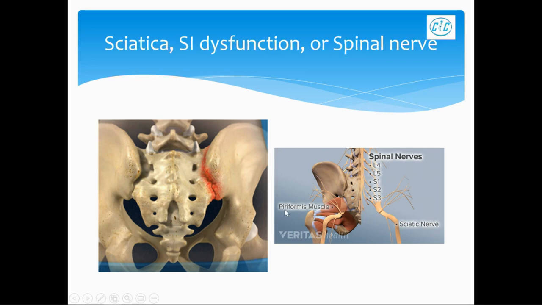Here are the areas that we are interested to talk about initially. And here is the sacroiliac joint, between the sacrum and ilium. This joint right here is a very powerful joint, which is holding the upper part of the body and connecting it to the lower extremities.